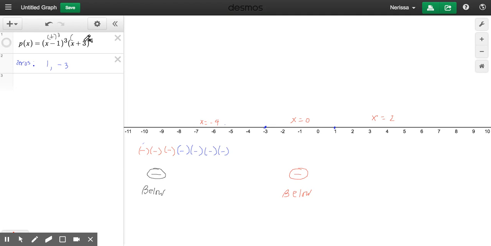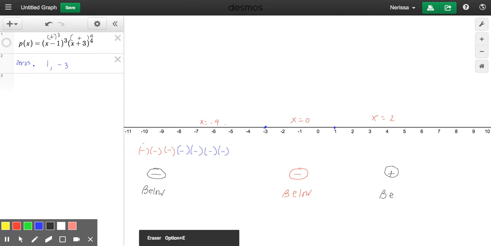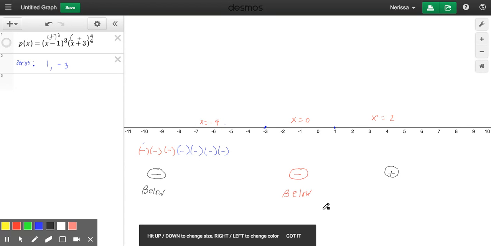And then 2 plus 3 is positive to the fourth, which is also positive. So positive times positive gives us positive. So in this interval, the graph is not below, but above the x-axis.